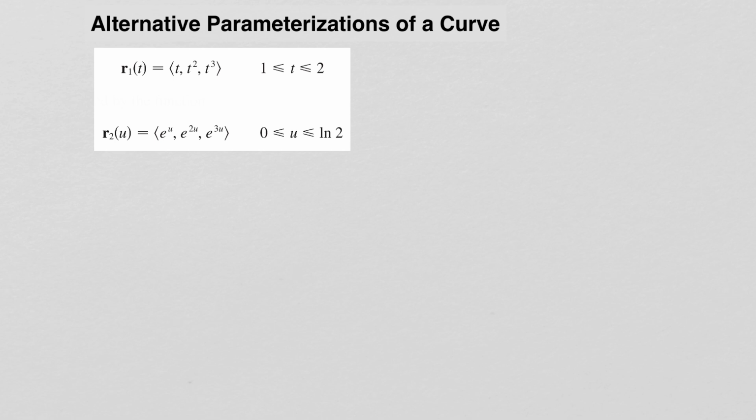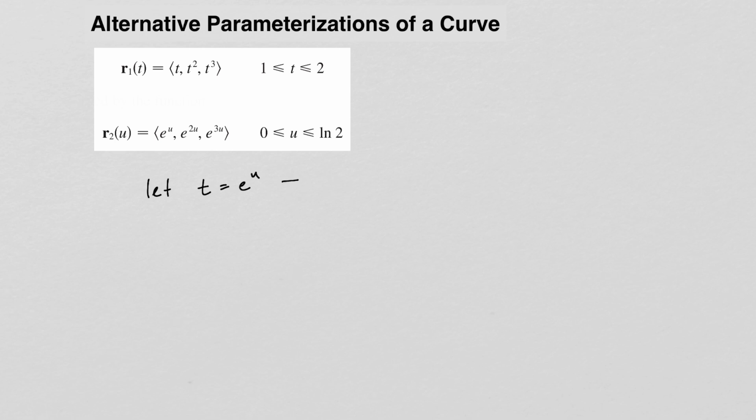Now let's observe why this is the case. If we let the variable t be represented by e to the u, and let's recall that we can do this because if t is a number between 1 and 2, it means that t is positive, and if t is positive, we can express it as e to the u because, of course, e to the u always produces positive values.